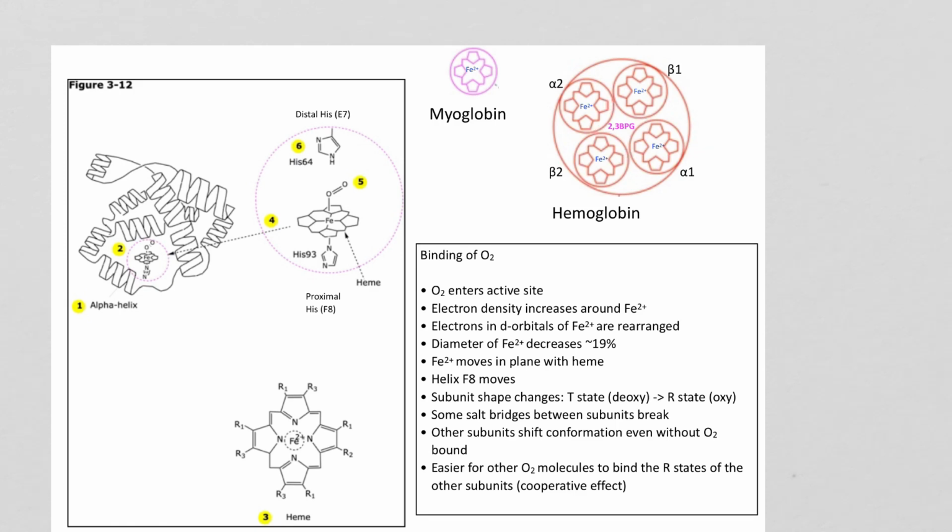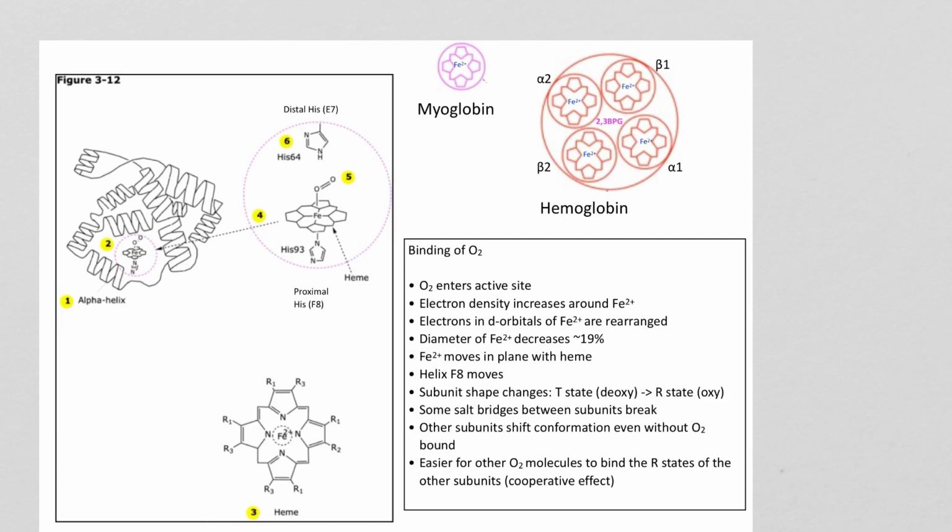So when the first oxygen molecule binds to one of the polypeptide chains of deoxyhemoglobin, this causes this shape here to change, and the change in the shape leads to destruction of these weak forces such as salt bridges between the other polypeptide chains. This subunit therefore gets transformed from the T state to the R state.